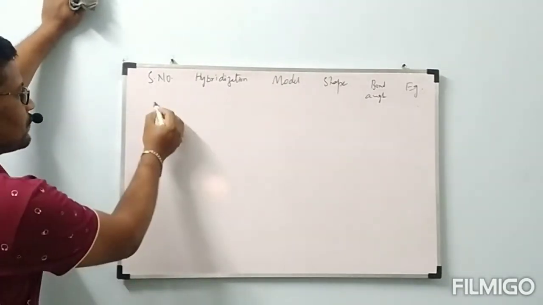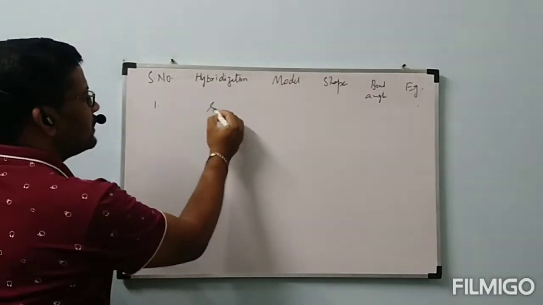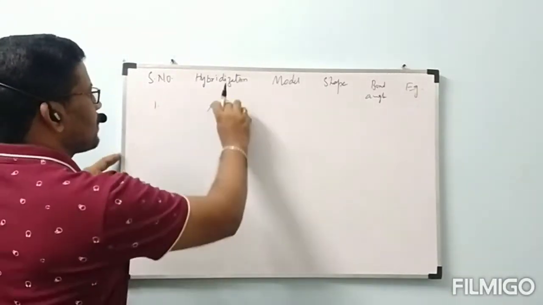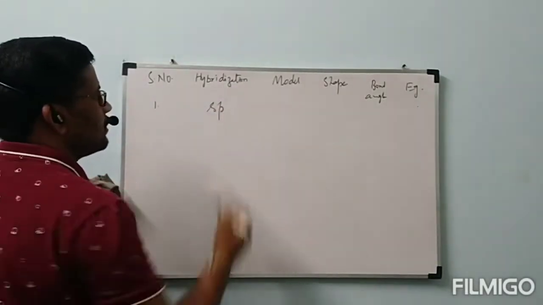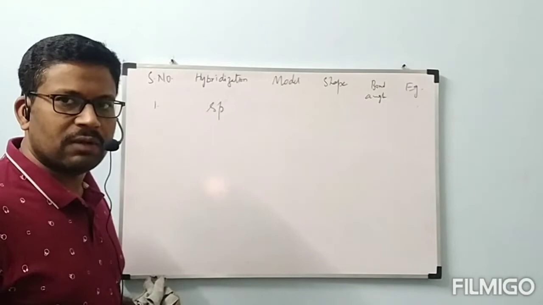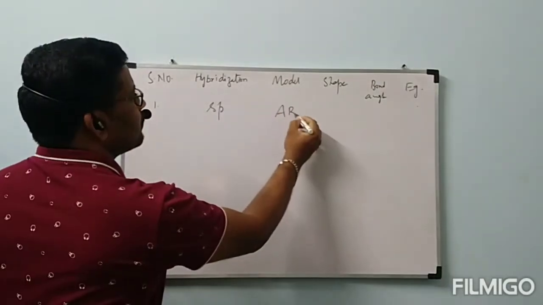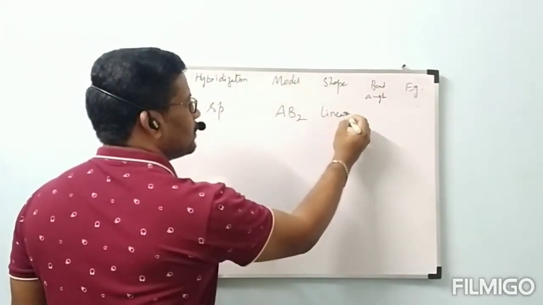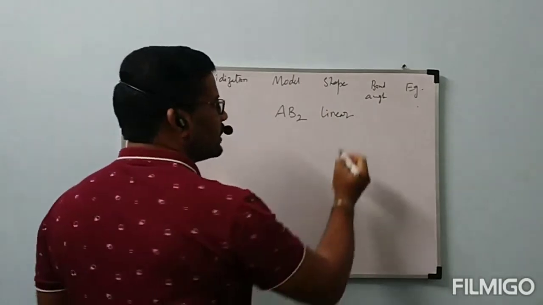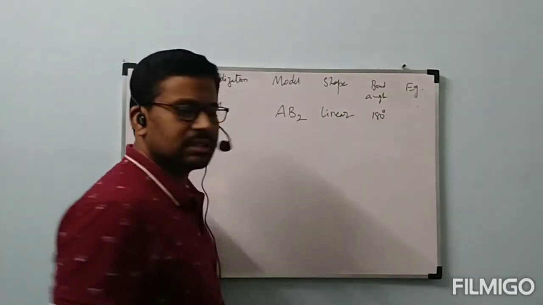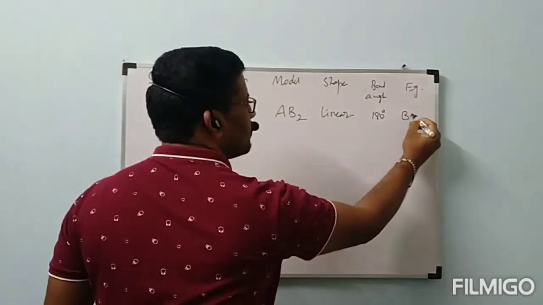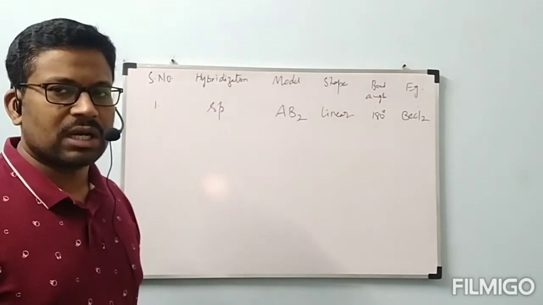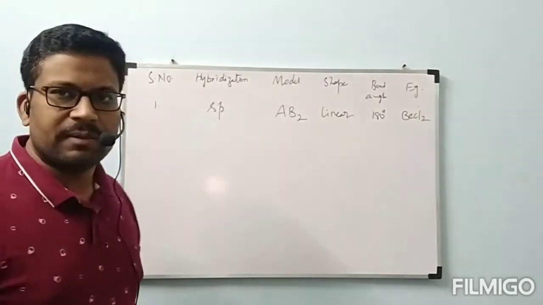First one, hybridization sp. Under sp we have only one model, that is AB2, shape linear, bond angle 180 degrees. Examples: BeCl2, CO2, these are all examples for this type of hybridization.